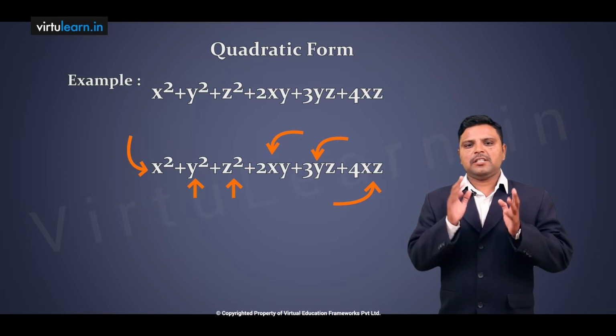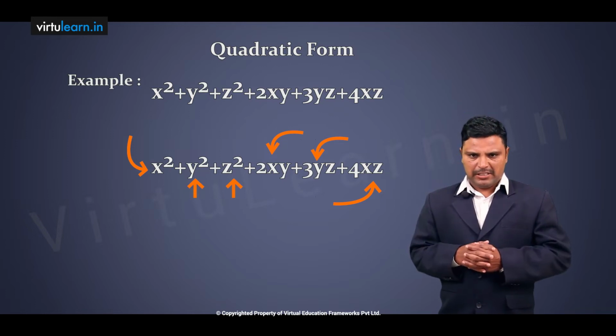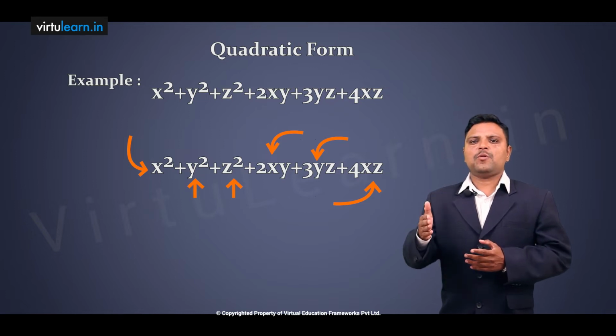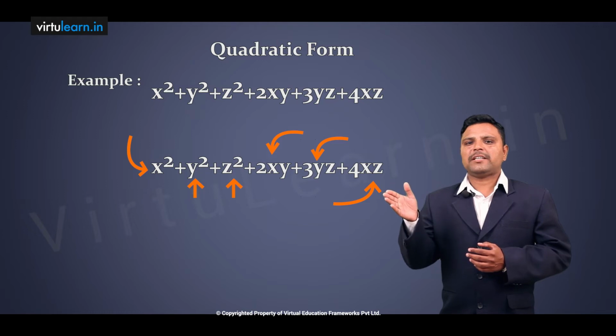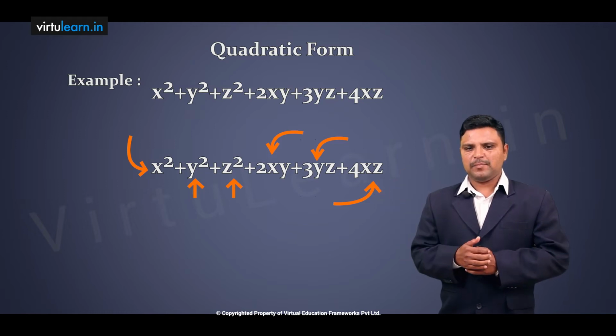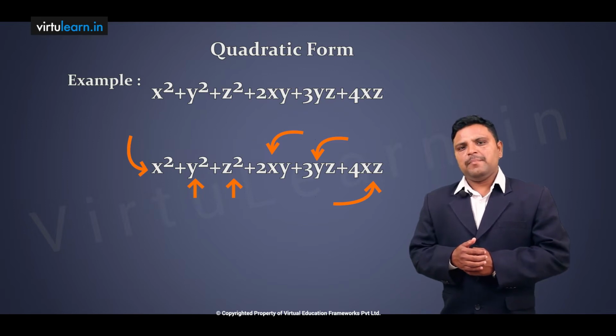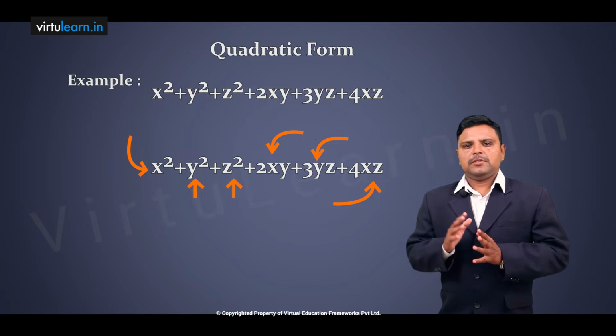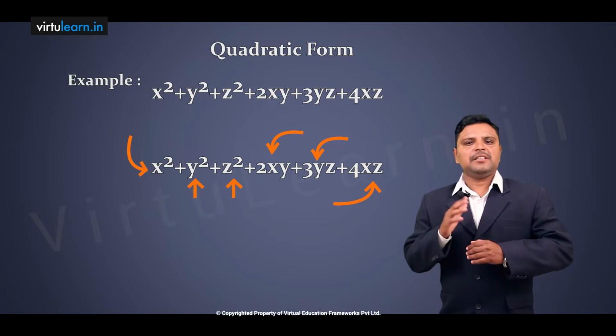Now consider the same example. I am taking that quadratic form: x square plus y square plus z square plus 2xy plus 3yz plus 4zx. This is my quadratic form. We can write a 3 by 3 real symmetric matrix if it is in 3 variables.